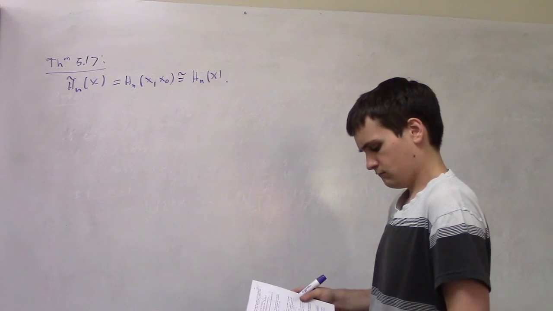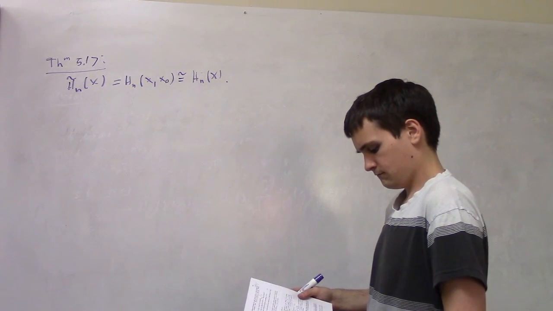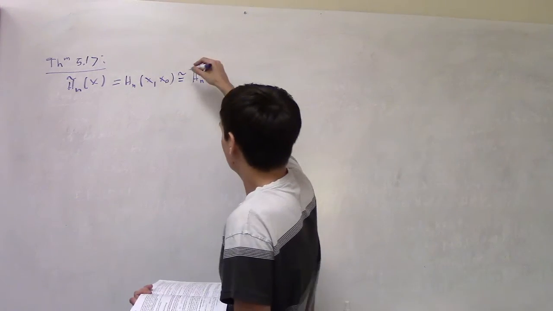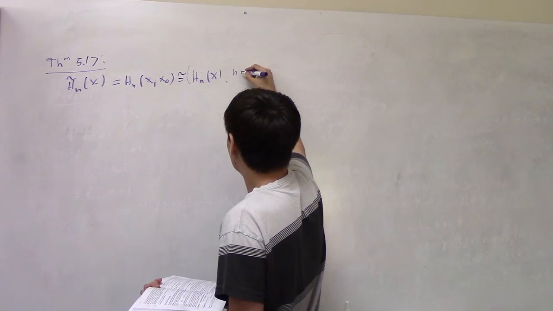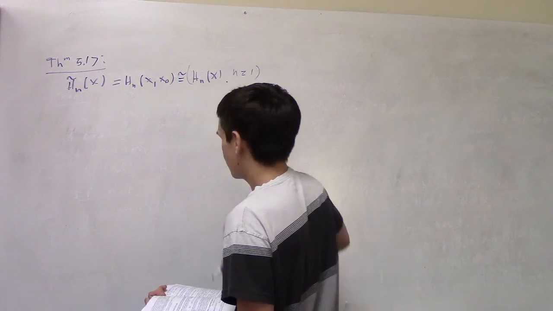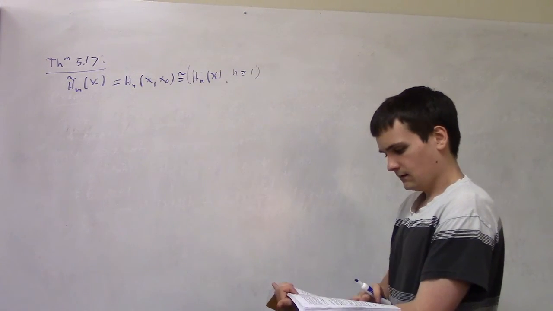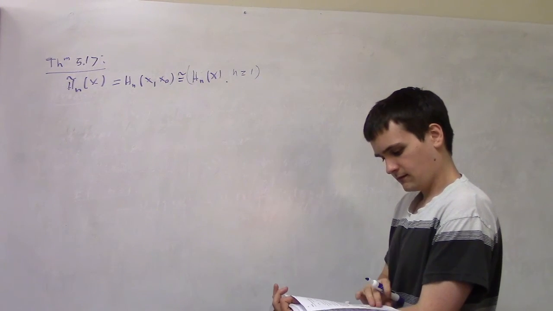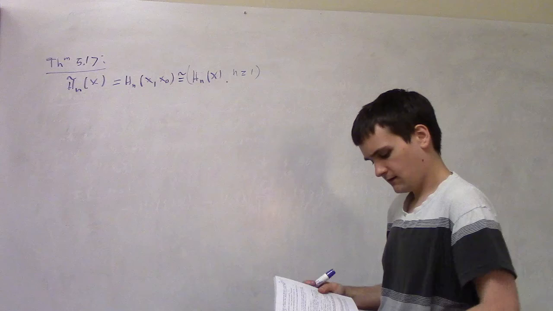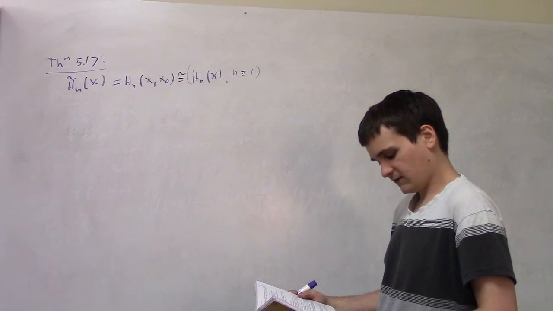So I think he uses that for the proof of this one, for n greater than or equal to 1. Okay, so this is n greater than or equal to 0. So, proof of this. What does he do here?